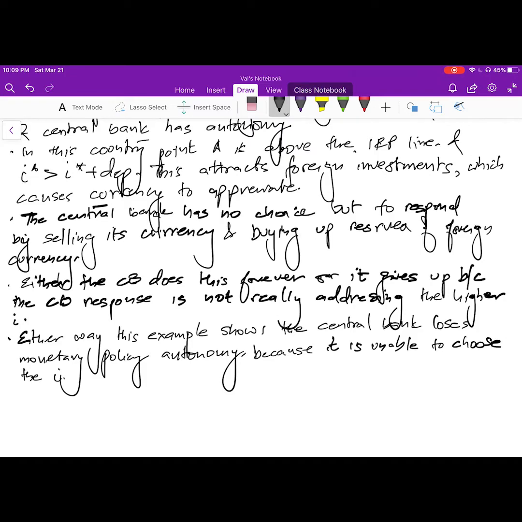So really, the central bank, in trying to control the interest rate, is setting an interest rate that's different from the interest rate parity condition. And what this example shows is that's not possible, right? It loses control over the interest rate parity condition. So the IRP line must be respected.